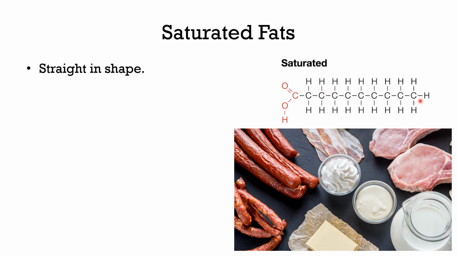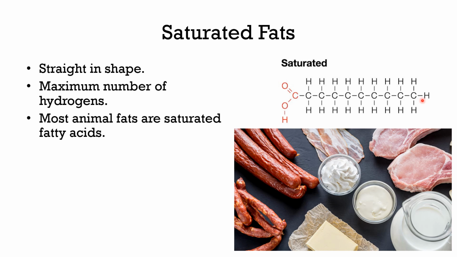This makes it a very straight structure, which means that when it lines up at room temperature, it's going to be solid. Okay? Most animal fats are going to be considered saturated fatty acids. There are some that are unsaturated, but most of them are going to tend to be saturated. They're solid at room temperature.